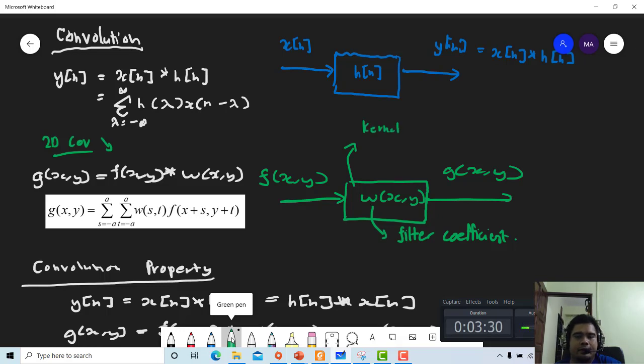In image processing, instead of system function, they call it a kernel. It is also known as a mask or filter. You can also call it a window. You can call it a kernel, mask, or filter, and most of the time I call it a window, because we use the notation w to represent the window.